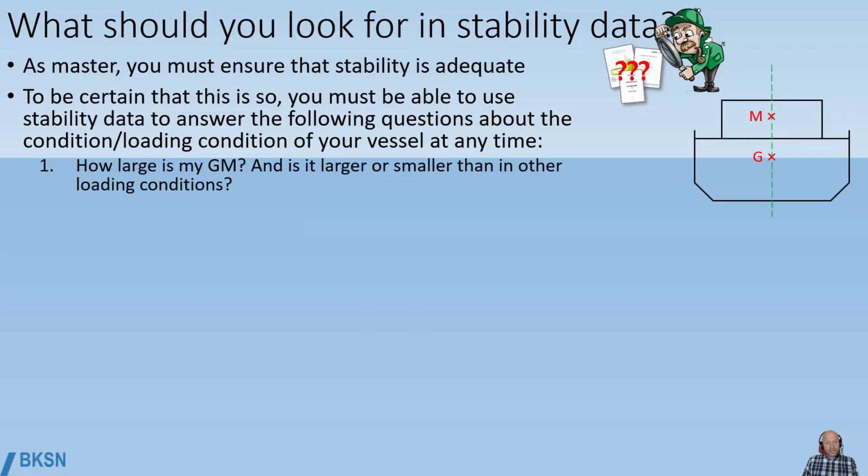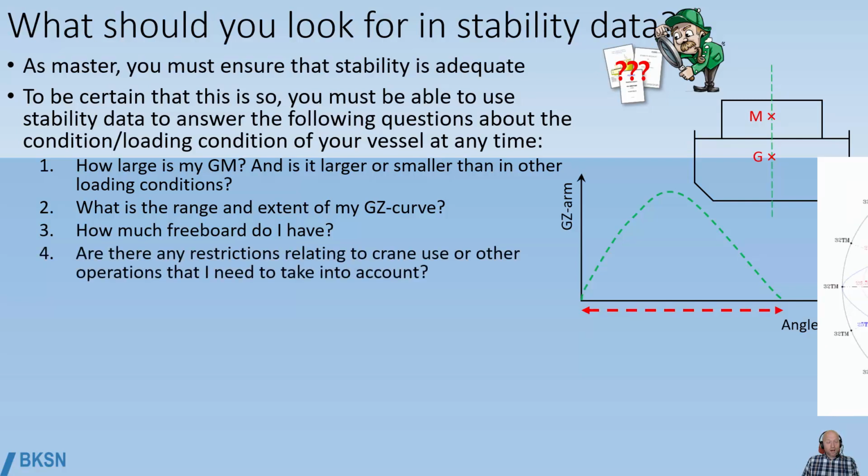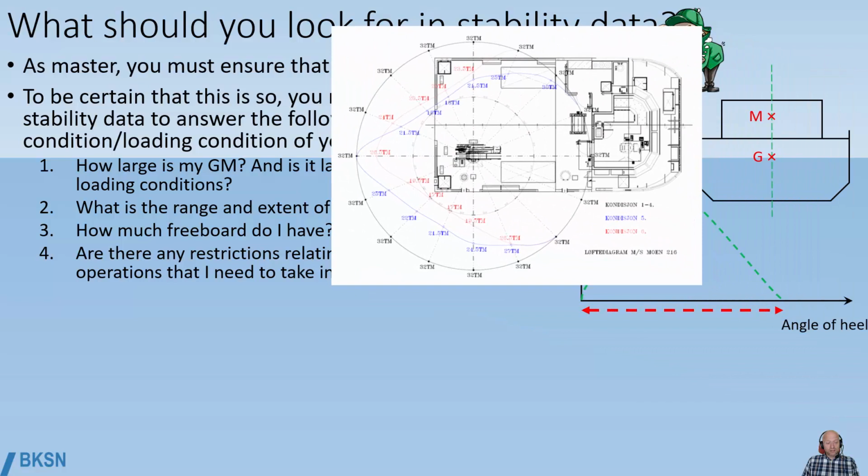What is the size of my GM, and particularly, is it larger or smaller than in other loading conditions? What is the range and extent of my GZ curve? How much freeboard do I have? It should always be more than 200 millimeters. Are there any operational restrictions relating to operations that I need to take into account? And we see here a diagram with restrictions on the use of crane.